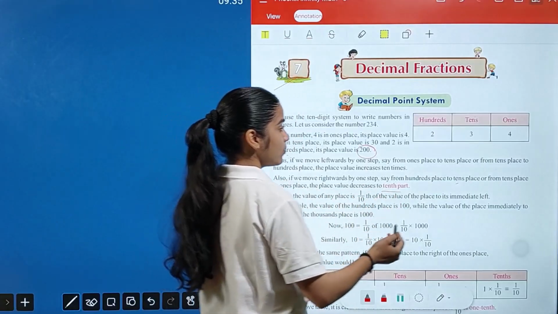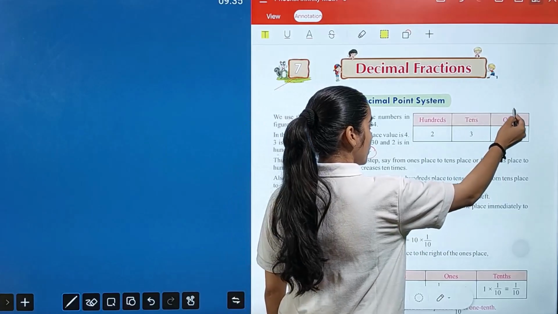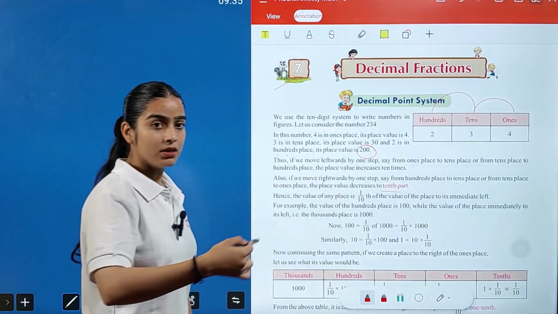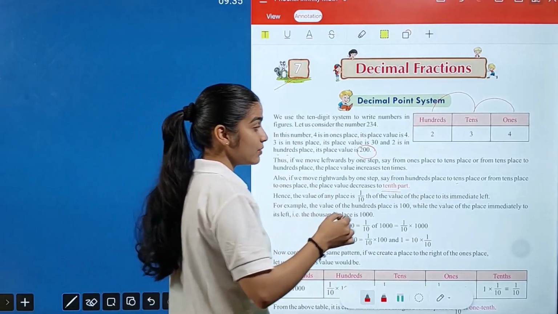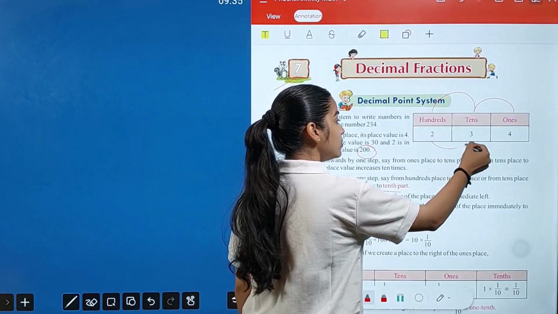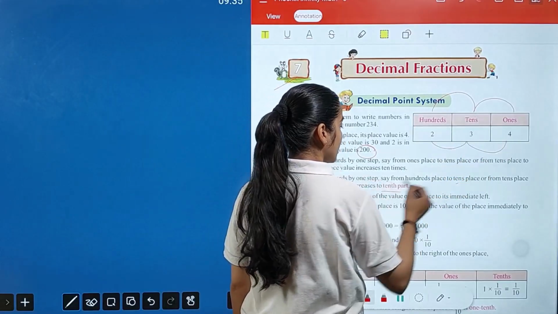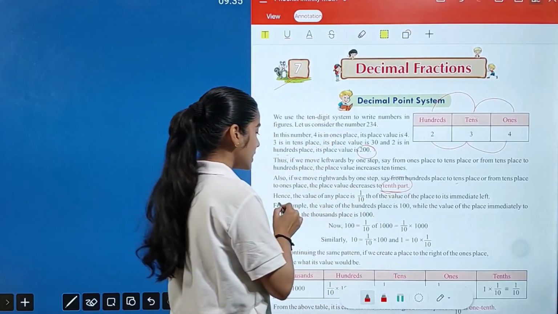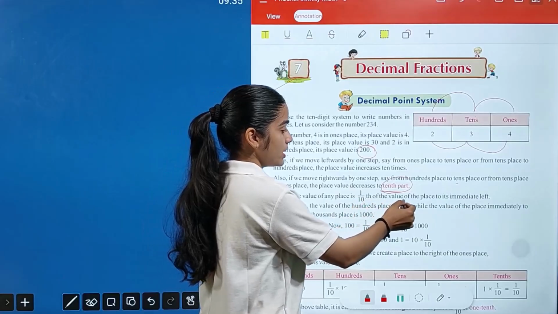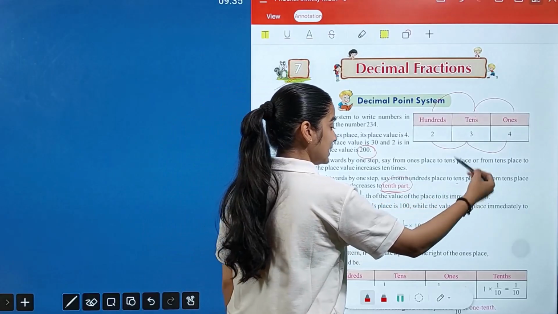It means when we move leftwards, from ones to tens and tens to hundreds, we are increasing the value. But when we move rightwards, we decrease the value to a 1/10th part. Hence the value of any place is 1/10th of the place to its immediate left.